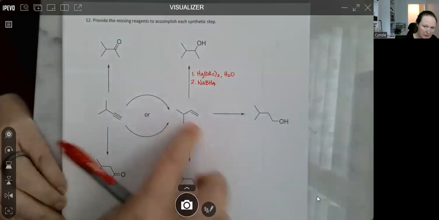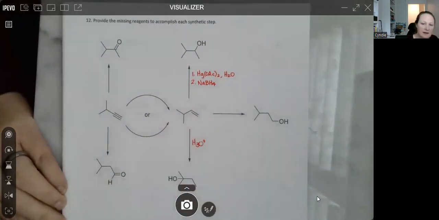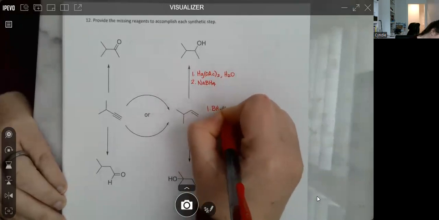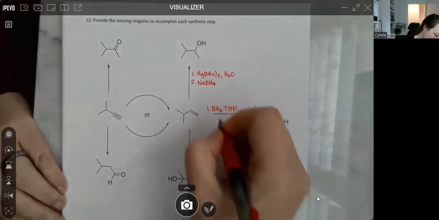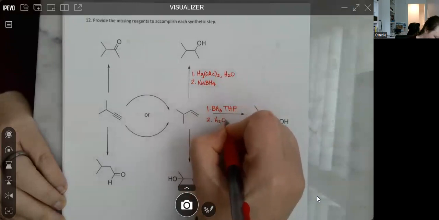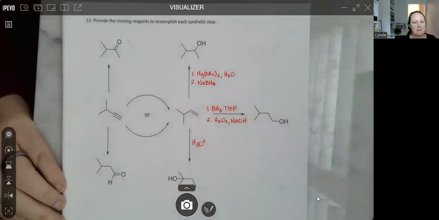Rearrangement would happen if we used H3O+, and then don't forget that hydroboration oxidation works for anti-Markovnikov from an alkene, so BH3·THF, hydrogen peroxide, and sodium hydroxide in the second step.